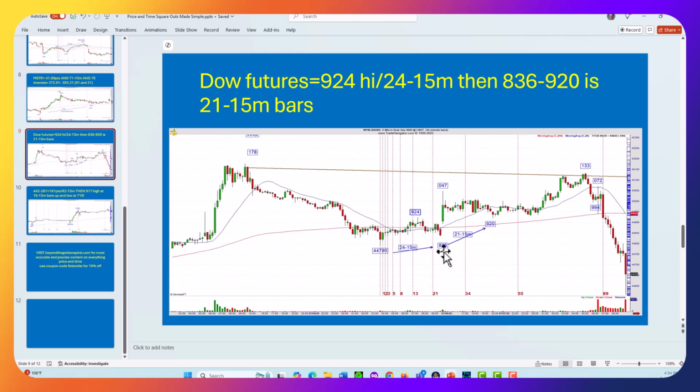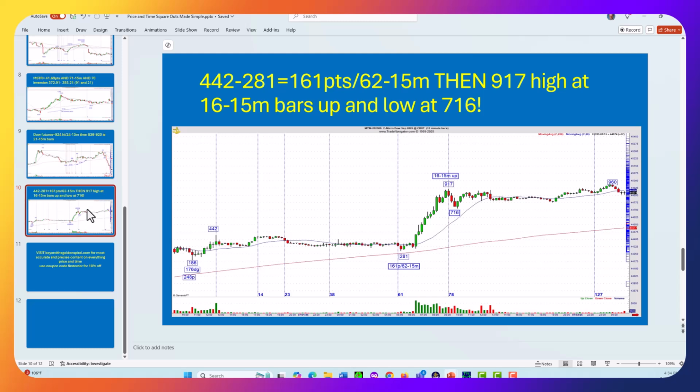Now in this case, it's another 21 bars, and it matches because it's 920. Yeah, I know it's too simple for some of you to think, is this what it is? Well, yes, it is. Okay, we're going to conclude our short lesson with this chart.